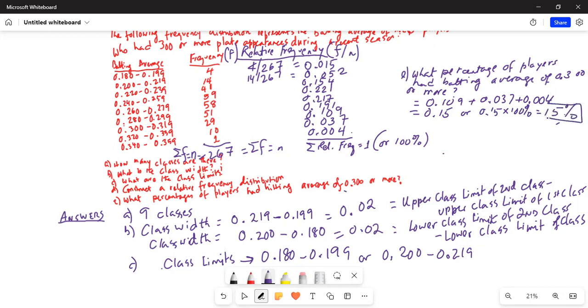So 15% of the players had a batting average of 0.3 or more. That is the answer for part E.